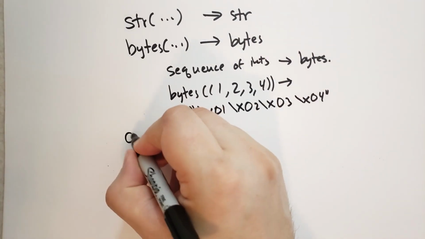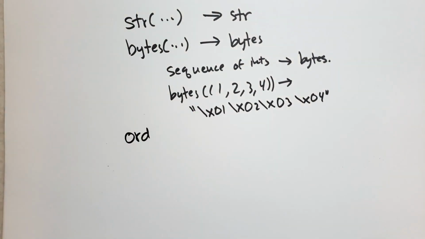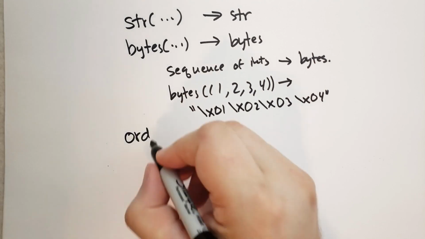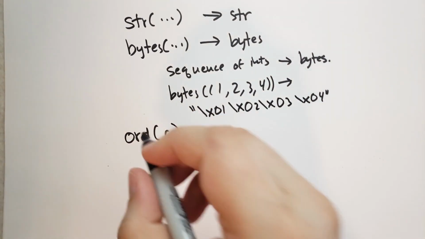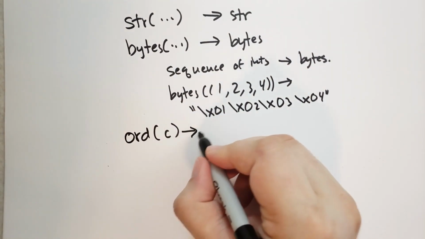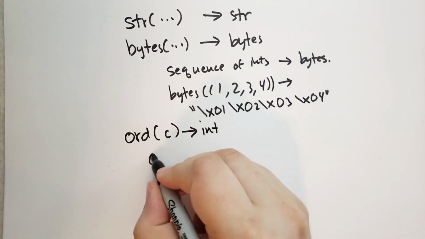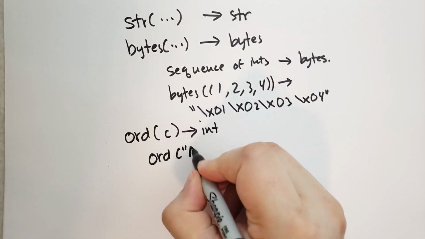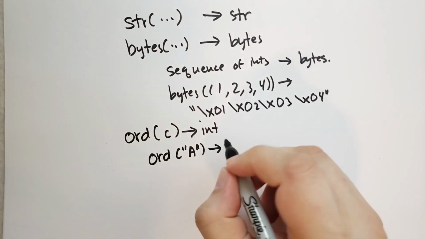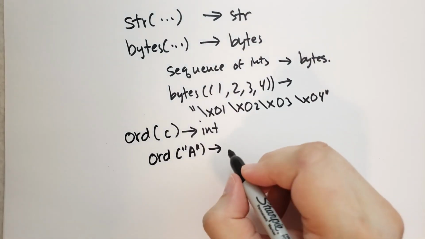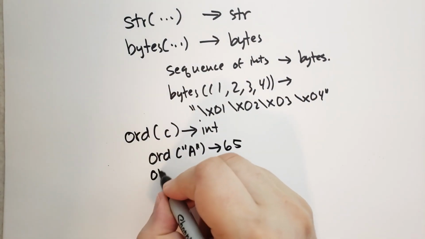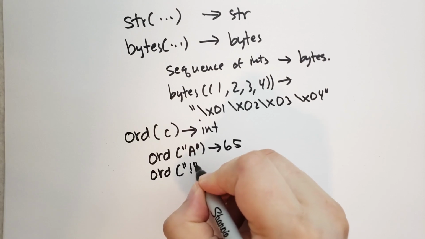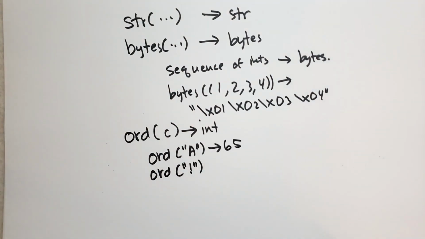There's also ord. ord will take a character from a string or a byte and will convert that to a number. For instance, ord of uppercase A will give you the number 65, I believe. ord of the exclamation point will give you 33.